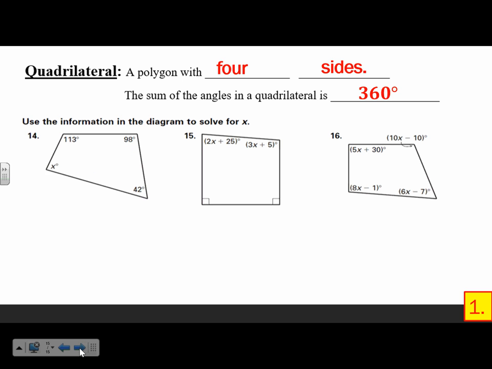So, solving for x. The first way we're going to do this, we just know all of them add to 360. So x plus 113 plus 98 plus 42 equals 360. So that's the new step. Everything else is just algebra 1. So combine your like terms. 113 plus 98 plus 42 is 253.